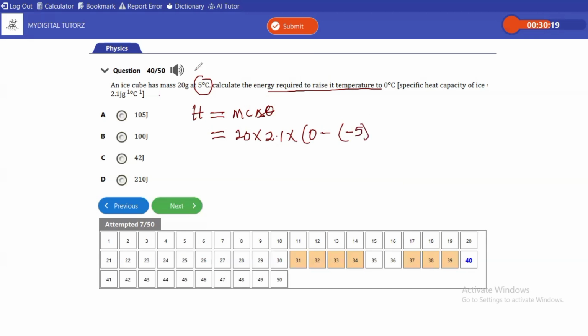So if you assume that here is minus 5 degrees Celsius, the heat gain required to raise its temperature will be in this form. If you multiply 20 by 2.1, then multiply by 5, that will give us 210 joules. Are we together?